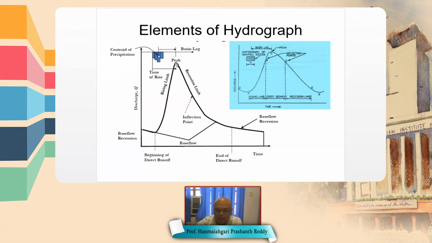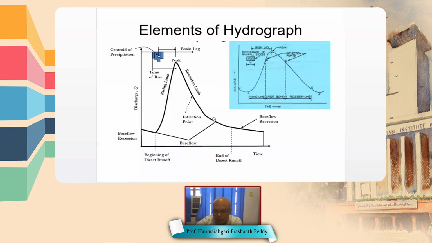When it becomes peak, because all the water from all corners of the catchment reaches the outlet, the flow quantity at the outlet will be maximum. So the peak occurs here. But the rainfall has stopped, so the amount of water reaching the outlet decreases. Therefore there is a recession limb.